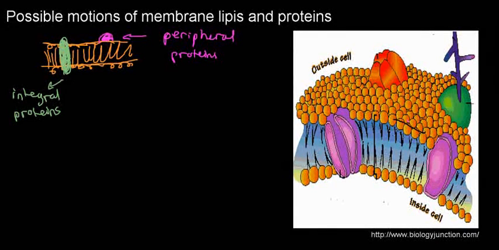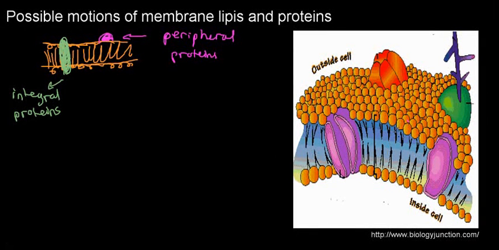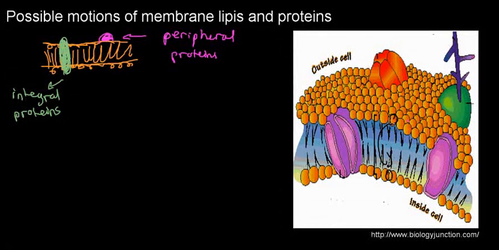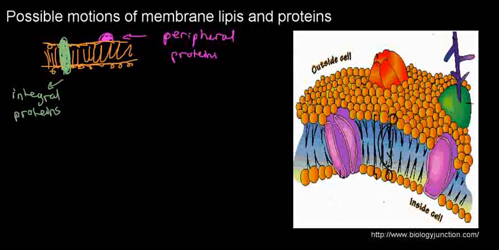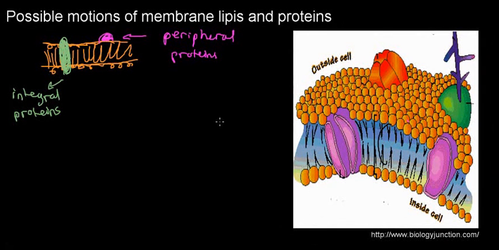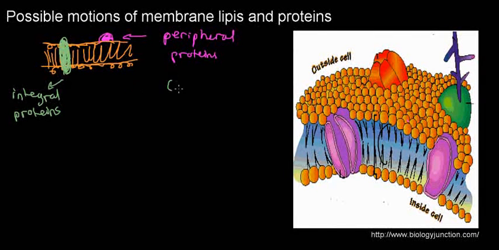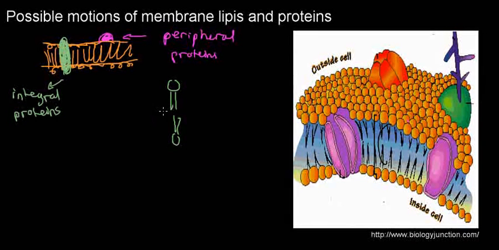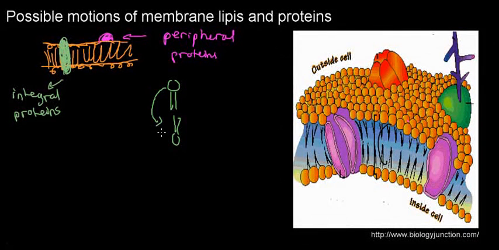It can also switch places with its teammate here. It can flip around, and its head is going to move here, and its tails are also going to move. This is called a flip-flop motion. Let me draw just to make sure that you know what I'm talking about. This is this guy, this is his neighbor here, and it just flips around to here.